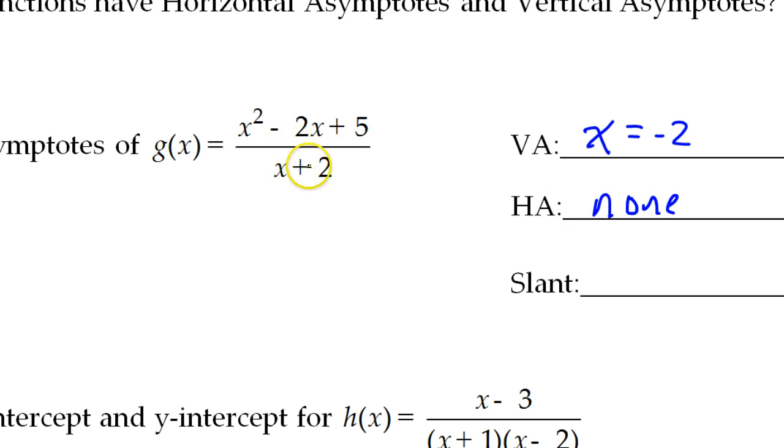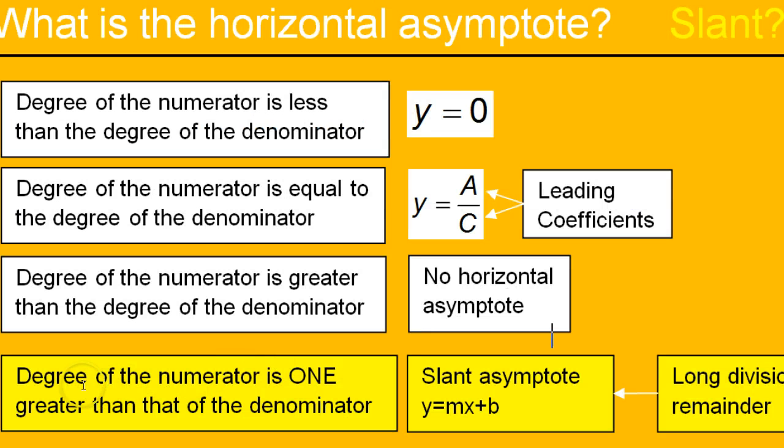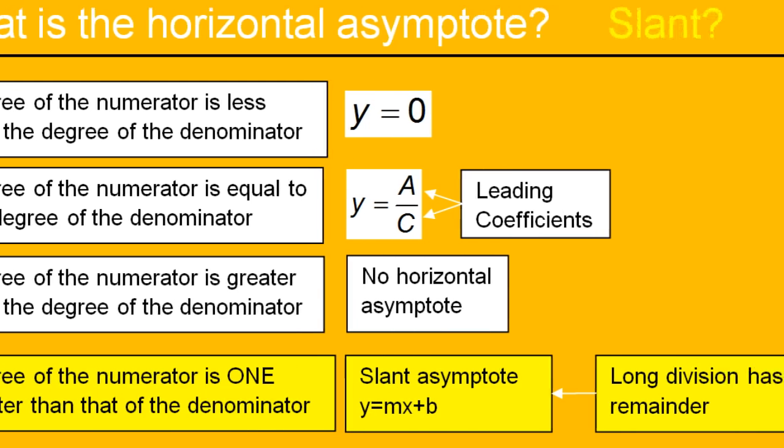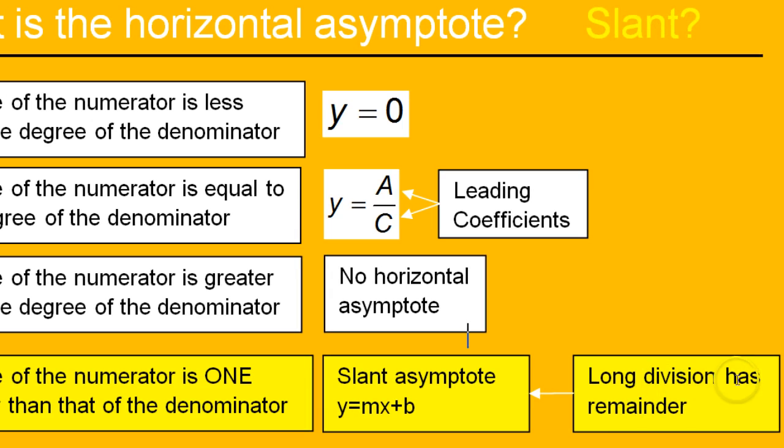Now, it was important that we checked to make sure that this didn't cancel out, because if it did, there would be no slant asymptote either. But since the x plus 2 did not get canceled out, then we can look at the fact that the degree of the numerator is 1 greater than the denominator. So there will be a slant asymptote, and we will get it by doing long division.